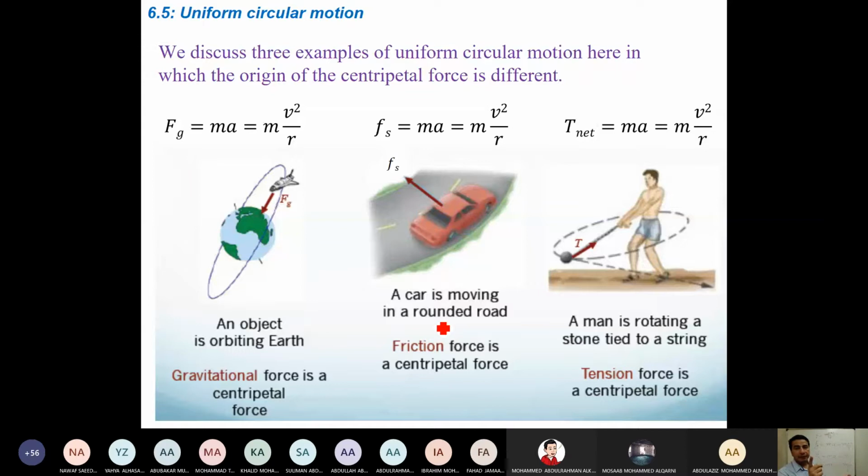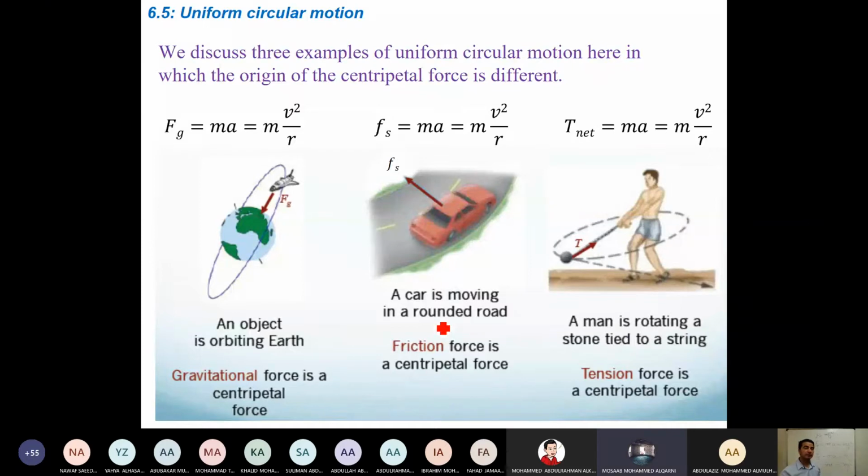If the car was sliding, let's say you put some lubricants and the car was skidding outside, then it will be kinetic friction. But as your car is going, at any point at which the tire is touching the road, it is static. If it was skidding, meaning the car was going away from the circle, then that will be kinetic friction. You got the point?